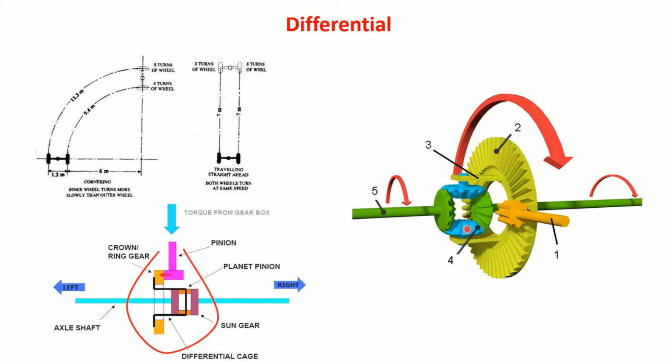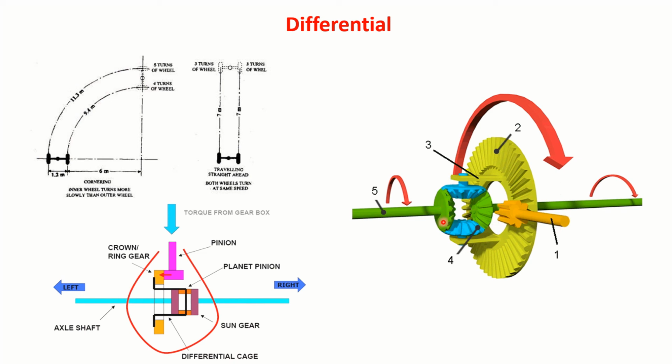That's how the differentiation happens, so that one shaft will be rotating faster than the other shaft. Correct? So the shaft which rotates faster will cover more distance, and the shaft which rotates at a lower speed covers less distance. That's how it works.